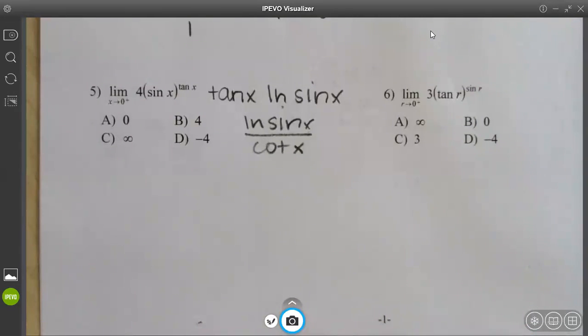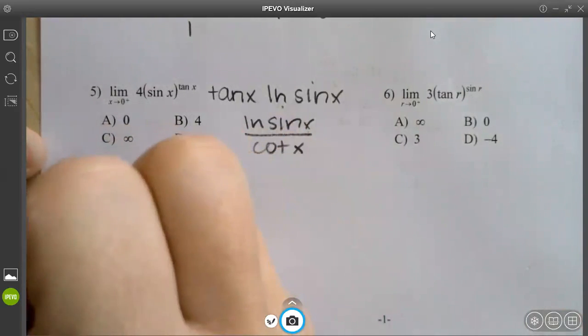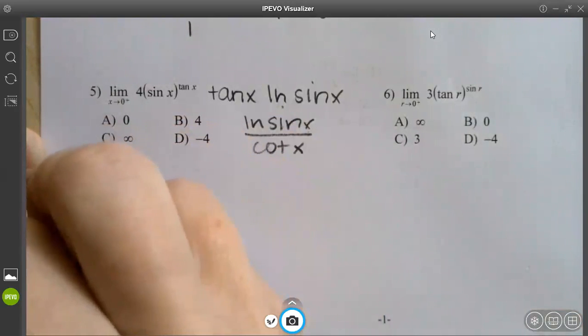Once we simplify it, what do we do? What's the derivative of sin x? So ln sin x is cosine x over sin x.